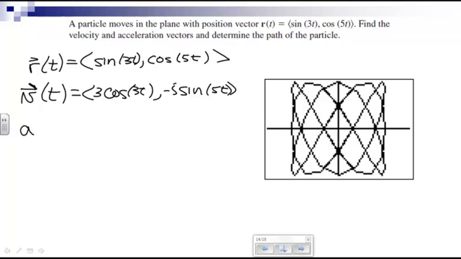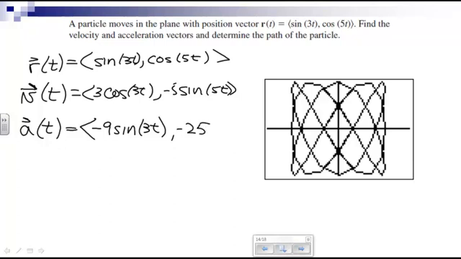What about the acceleration vector, which is a function of t? Can we read the answer off? Negative 9 sine 3t, and negative 25 cosine 5t. I love the fact that we get a chance to review all these really important derivatives just prior to the AP exam.